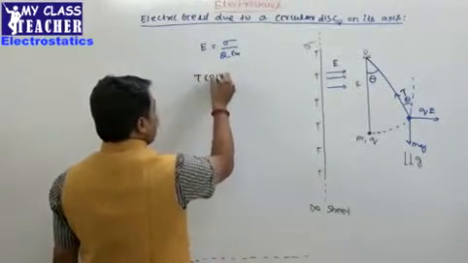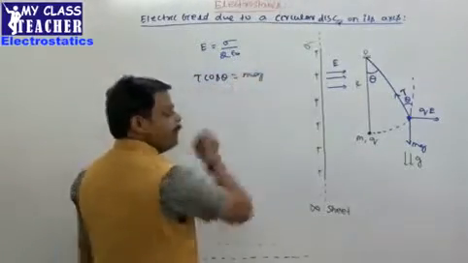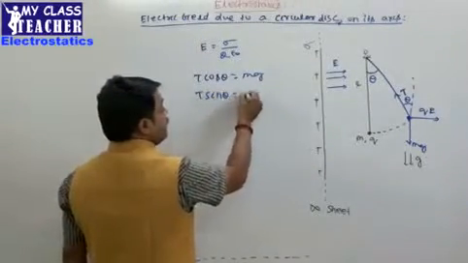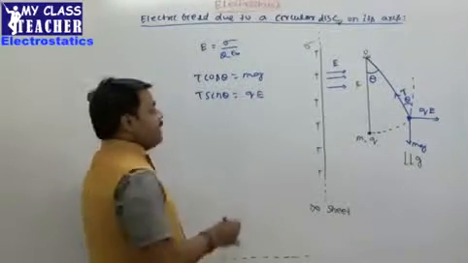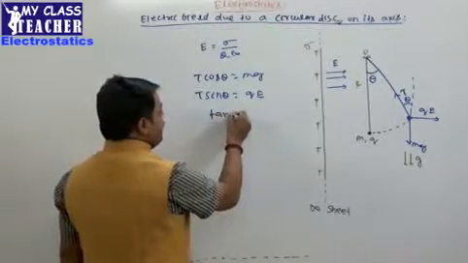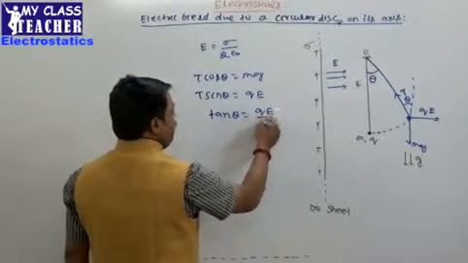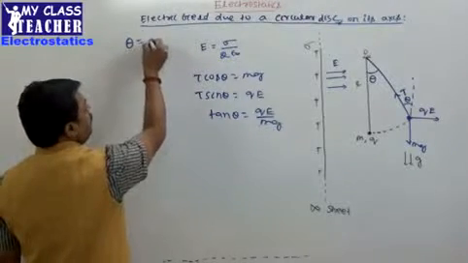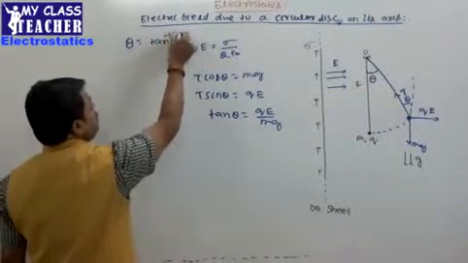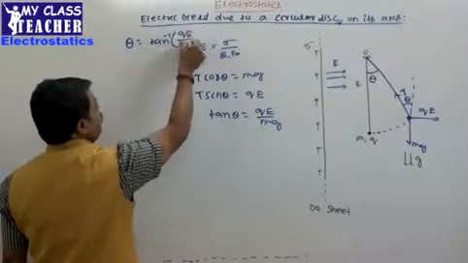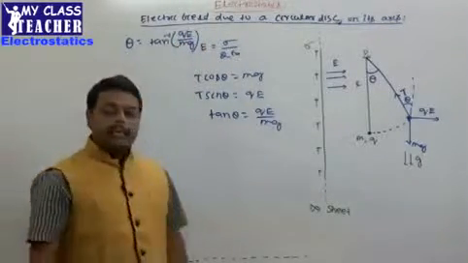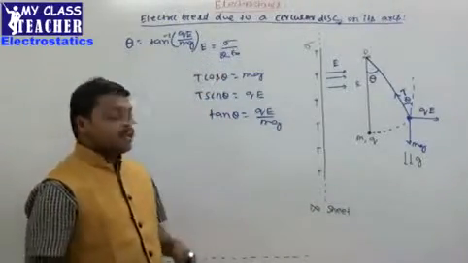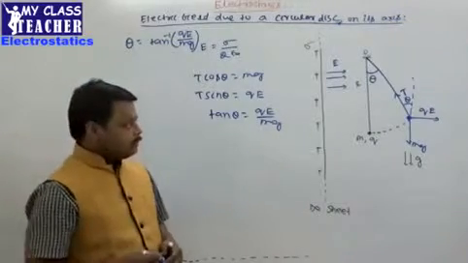So T cos theta will be equal to mg, the vertical force, and T sin theta is equal to q into E. By dividing these two equations, we get tan theta equal to QE divided by mg. This means theta, the angular position in equilibrium, is equal to tan inverse of QE by mg, where E is given by sigma by 2 epsilon naught.